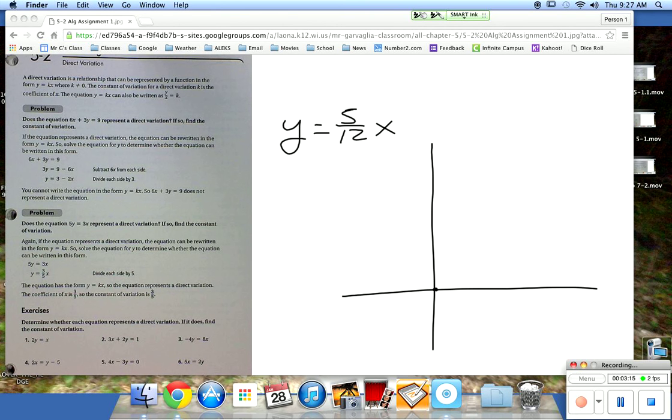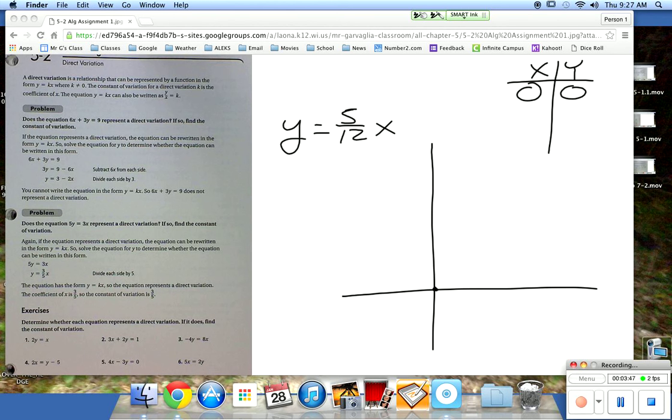If we did our t-chart and put 0 in for x, what's our y going to be? 5/12 times 0 is 0. I'm just doing this because I'm showing you on a graph. So this starts at 0, 0. This then is a direct variation.